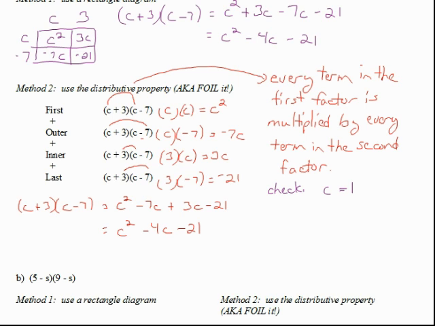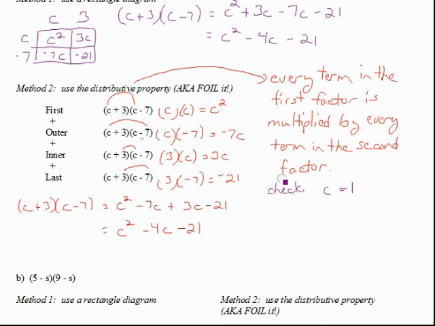You can use any number. Don't use 0, because 0 hides a multitude of sins. Lots of errors don't show up if you use 0. And don't use negative 1, because it just makes life complicated. 1 is easy. 1 is fast.